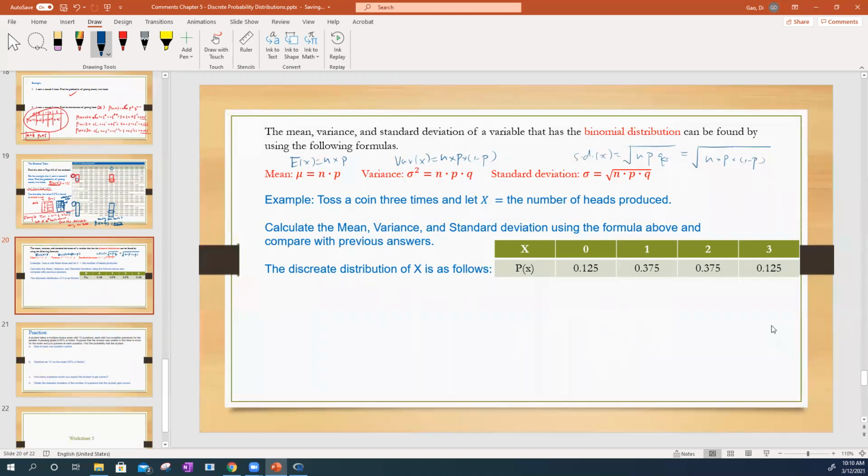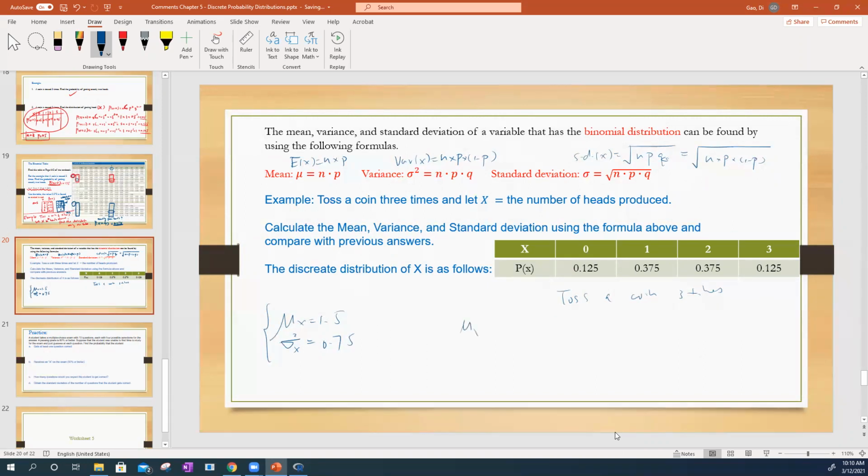So we want to calculate the mean and the variance for tossing a coin 3 times. This is the probability distribution for tossing a coin 3 times. So we know the mean of x equals 1.5, and the variance of x equals 0.75. Let's verify that using the formula we learned.